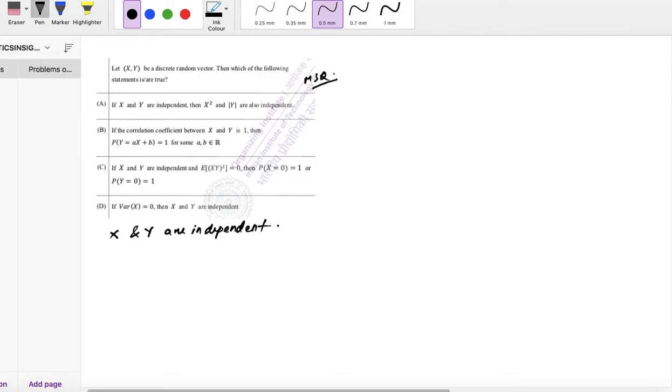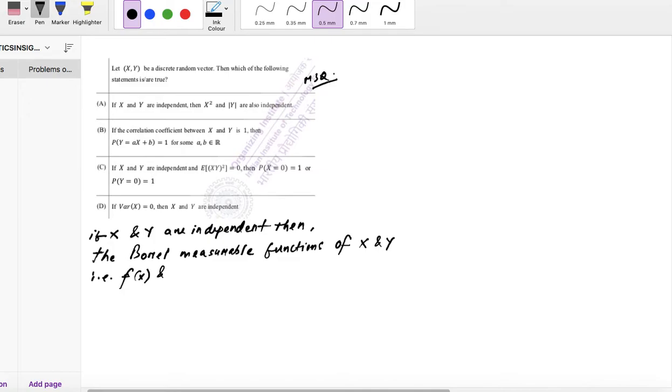As I told in the earlier video, if x and y are independent, then the Borel measurable functions of x and y, that is f of x and g of y, will also be independent.